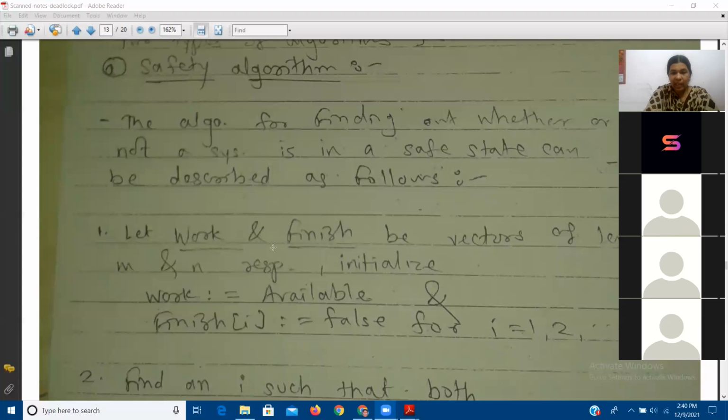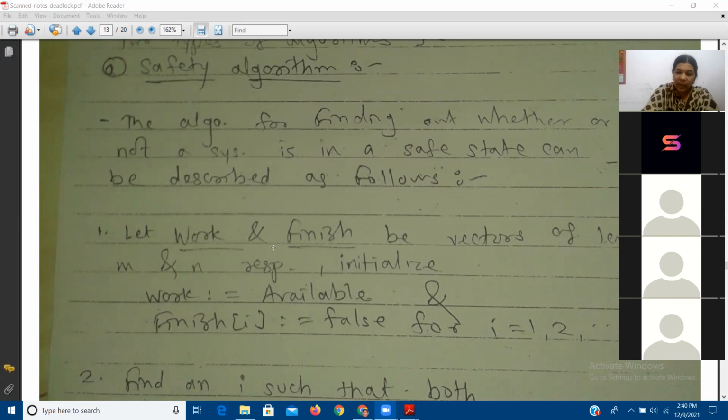How many printers are required by process P0 to complete its operation? 5. 5 more are required. P1 requires 2. And P2 requires 7. Good. So this 5, 2, 7, this is nothing but the need.